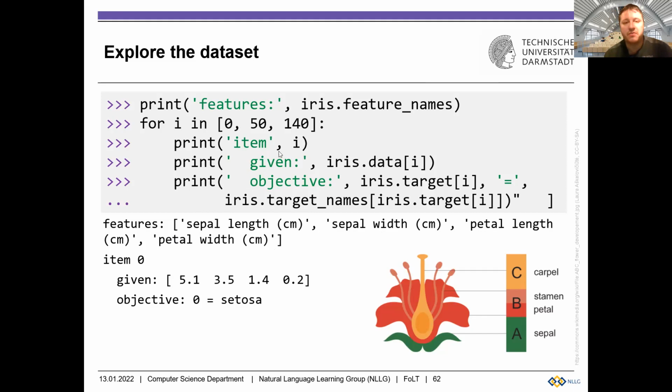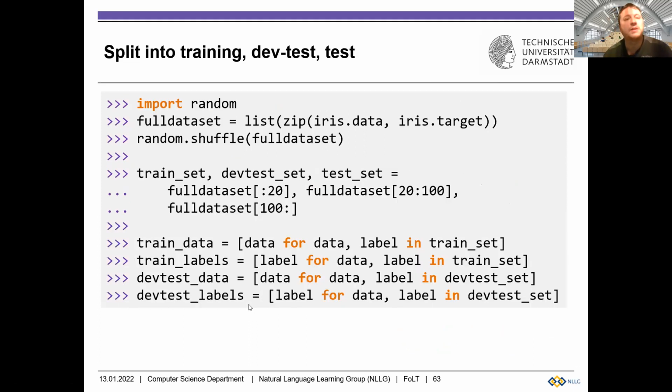So these are some random flowers. That's flower number 0, for example. It has a feature representation. There are 4 features. These are the feature values of this particular flower. And then what is the label for this flower that's represented as a 4-dimensional vector? It's flower number 0, which has the name Setosa, right?